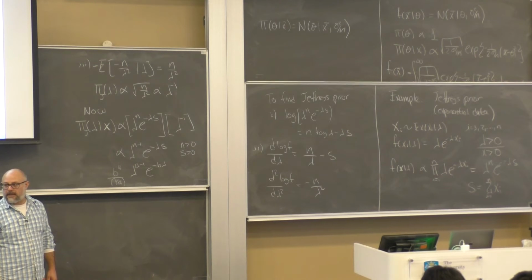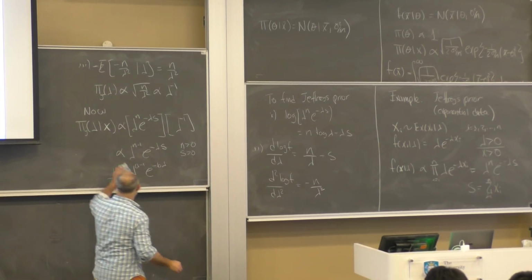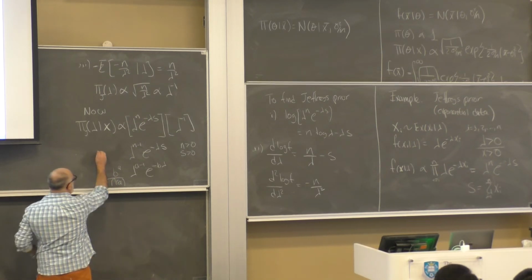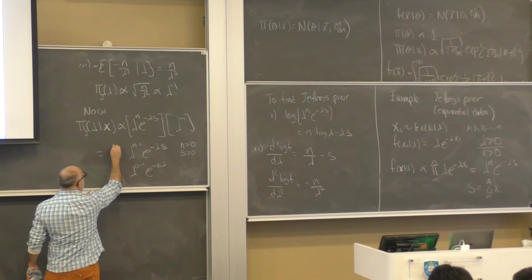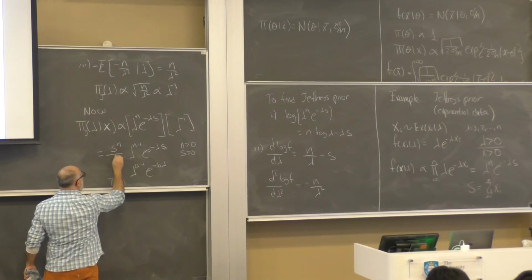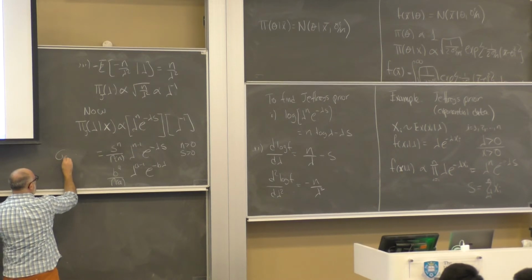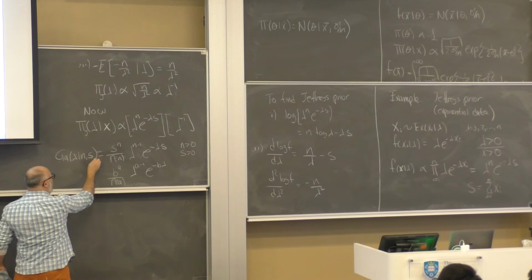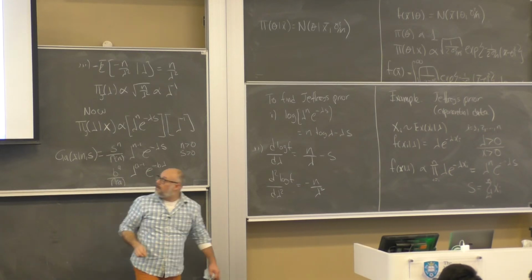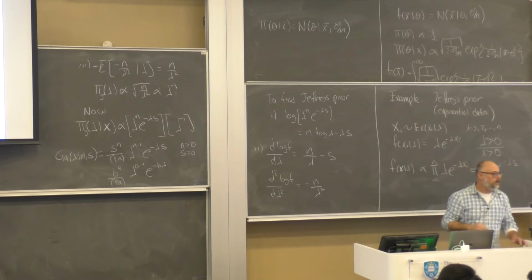And that will make it a distribution. Therefore, the constant will be S to the n over gamma of n, and it is a gamma in lambda with parameters n and S.